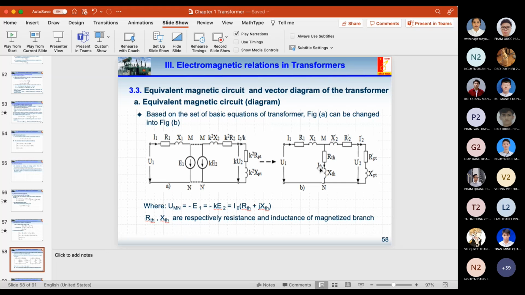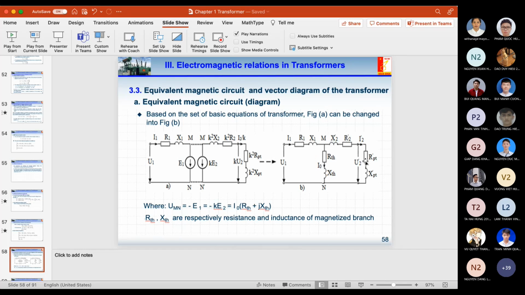Have a look at the left hand side of figure B. If we take a loop of this one with the second Kirchhoff law, we can write the voltage balance equation. On the other side, it's very easy for us to rewrite the voltage balance equation of the secondary winding.